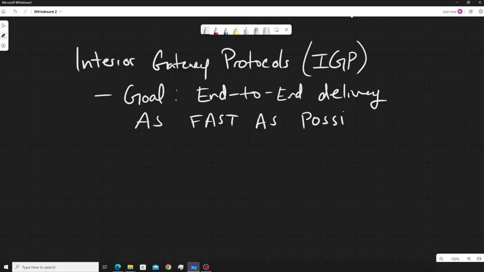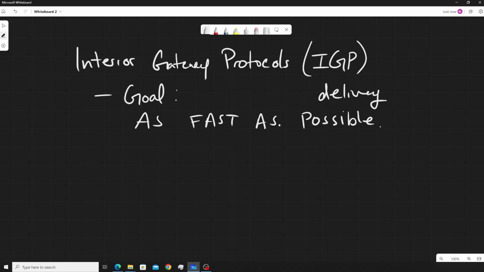Okay. And in fact, maybe end-to-end is not the best word for this. That is, we're not really getting to, I mean, technically we could be, but what's a better phrase? So we want to get to the end of the network.